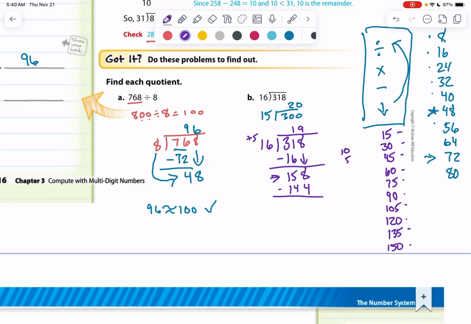Now we subtract. 8 take away 4 is 4. 5 take away 4 is 1. And we're doing remainders today. So that will be 19, remainder 14. Is that close to my original estimate of 20? Sure is. All right, let's move on.